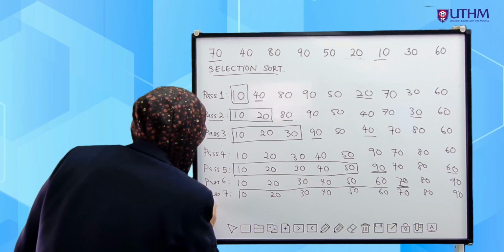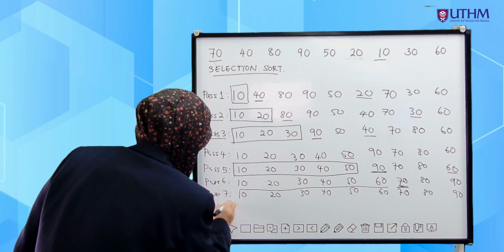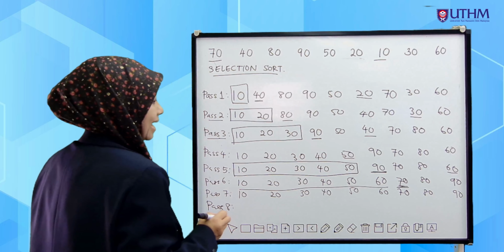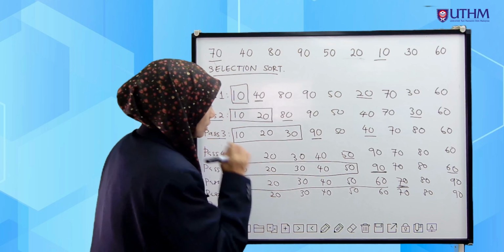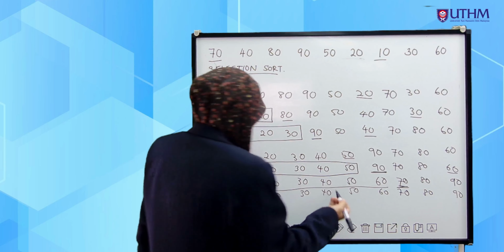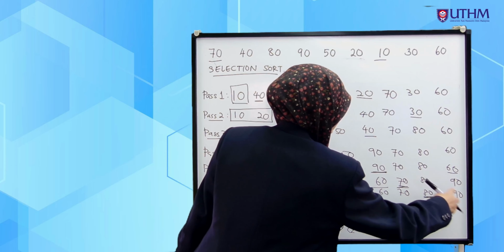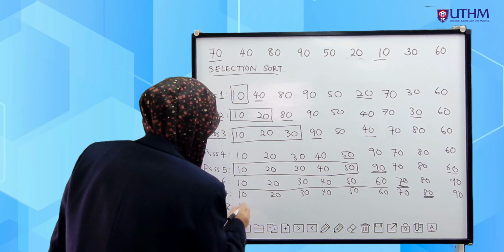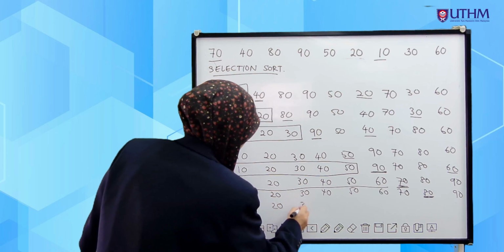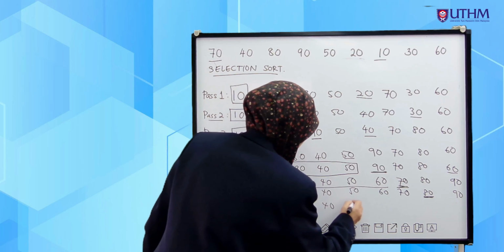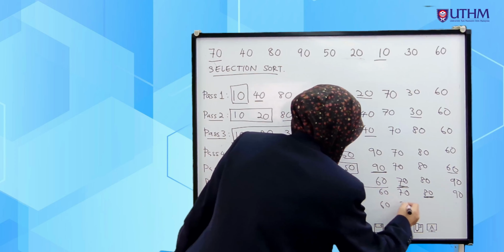For pass 8, this is the last pass. Now this is your 8th position. No more swapping, so you keep on copying all of the values into the array.